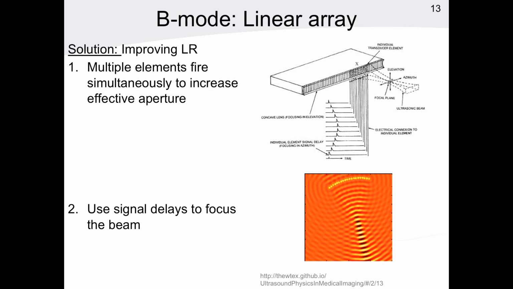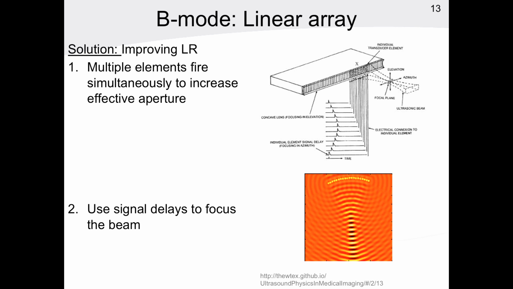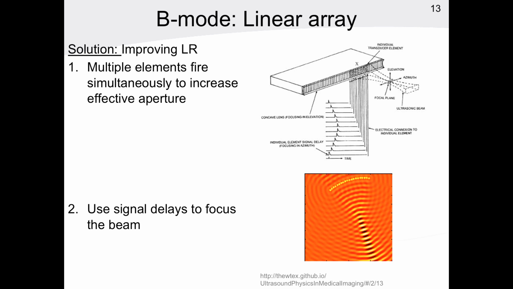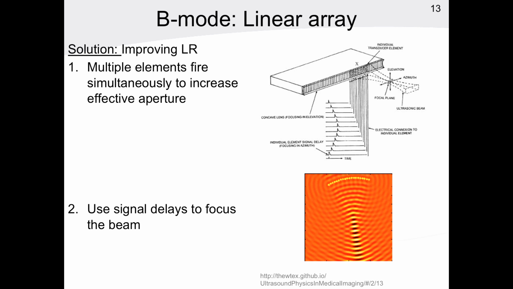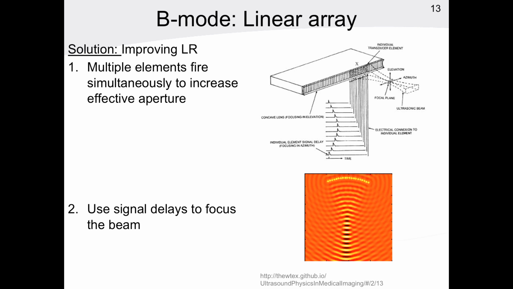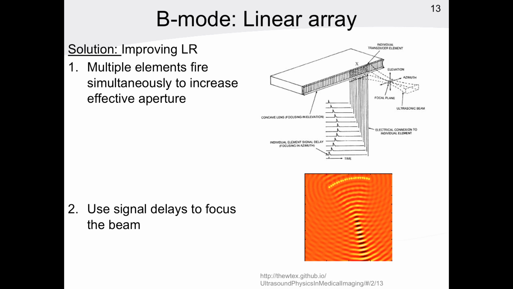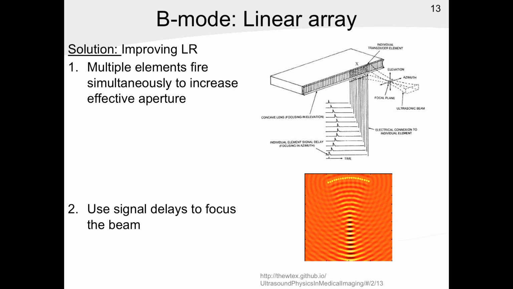This is just like a magnifying glass focuses light so that you can see something much more closely. By steering the ultrasound beam to the correct depth and location that you want, you can get much tighter lateral resolution.